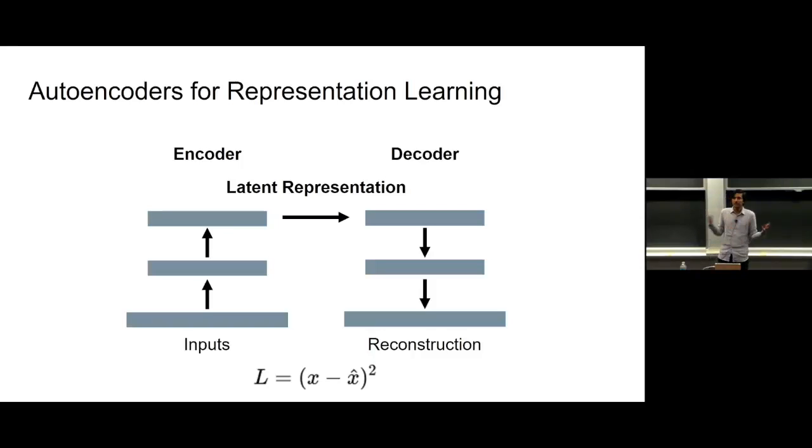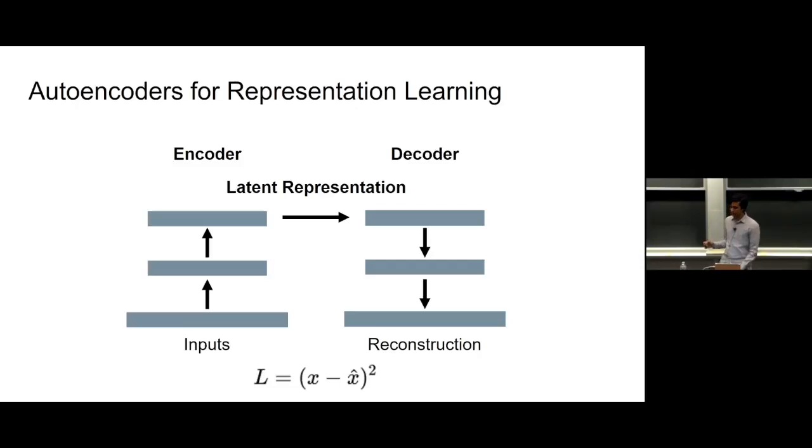And this forces the network to learn an identity function of sorts, where it just takes the inputs and passes them through all these layers and spits them out the other end. And we'll take a certain hidden layer of this network, and we'll call it our latent representation. These vectors that come out of this layer are the features that we're interested in learning.